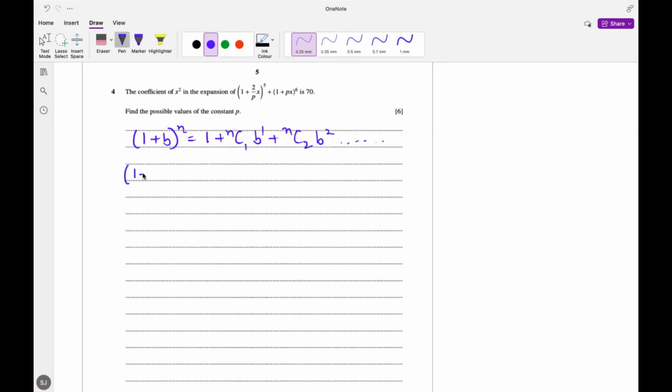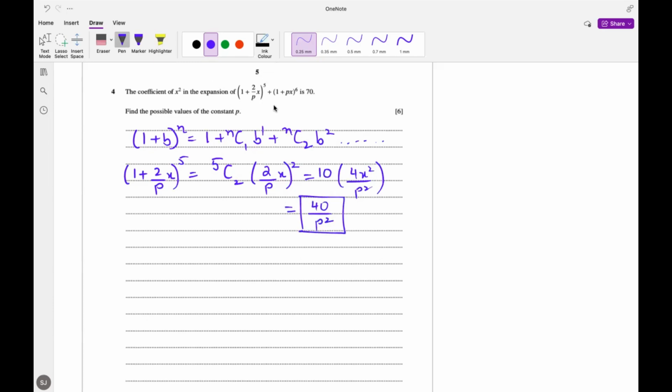So for the first expression, which is (1 plus 2 upon px) to the power 5, we'll write 5C2 b to the power 2. So b is 2 upon px, squared. So 5C2 is 10. So this will be 10 into 4x squared upon p squared. So we can say that the coefficient of x squared in this case will be 40 upon p squared.